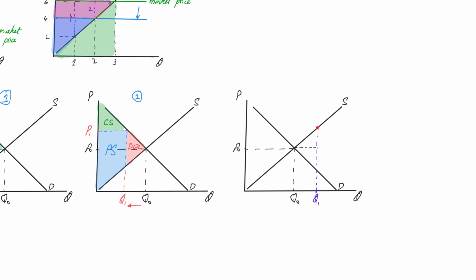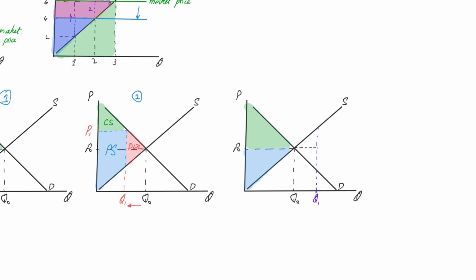Producers have to produce Q1 quantity and consumers have to consume Q1 quantity at the equilibrium price. So what's going to happen in this case? The thing is, up till Q0 quantity, the market will have a good consumer surplus, okay, and a good producer surplus also.